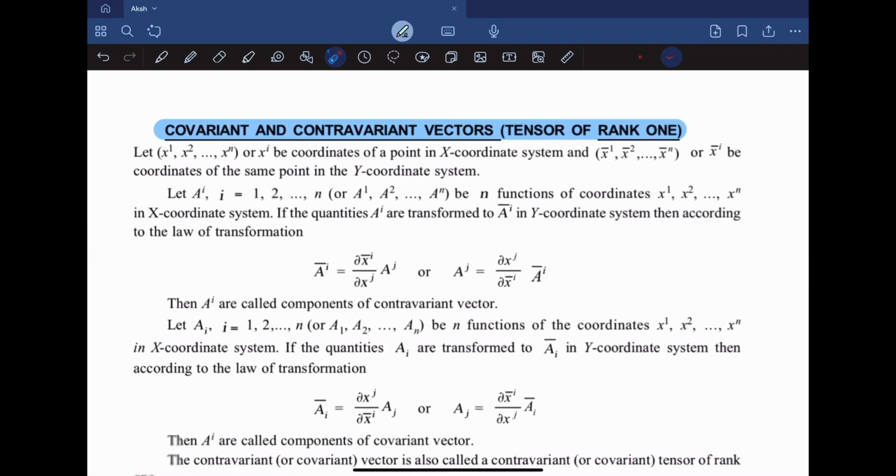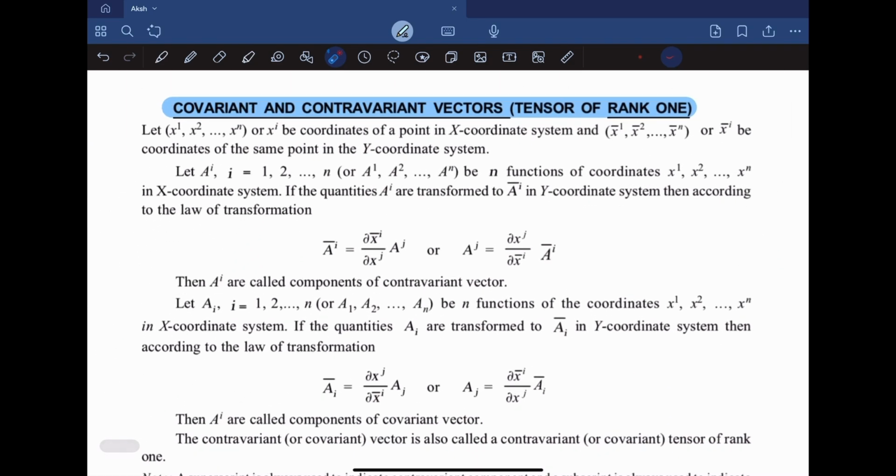Now covariant and contravariant vectors or tensors of rank 1. So let x1, x2, ..., xn or x^i be coordinates of a point in the x coordinate system, and x bar 1, x bar 2, ..., x bar n or x bar i be coordinates of the same point in the y coordinate system, and let a^i, where i equals 1 to n, be n functions of coordinates in the x coordinate system.